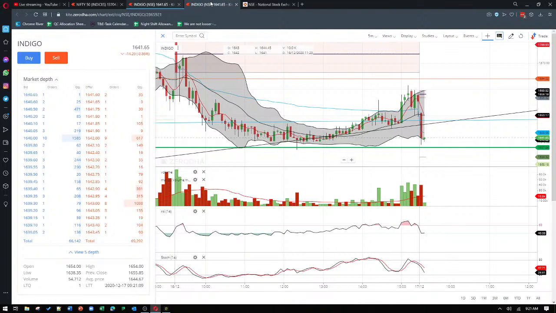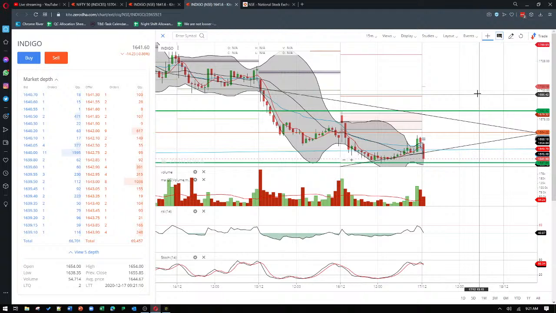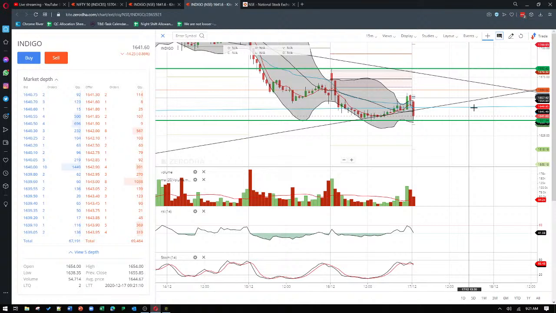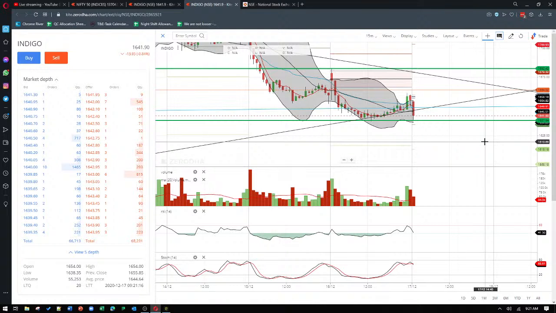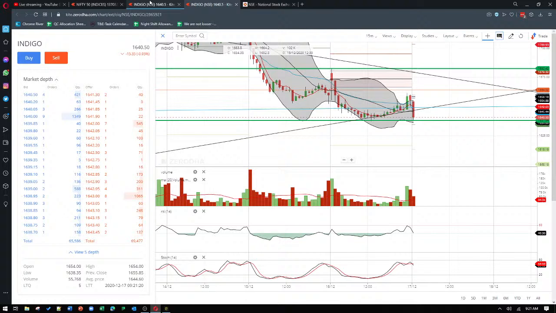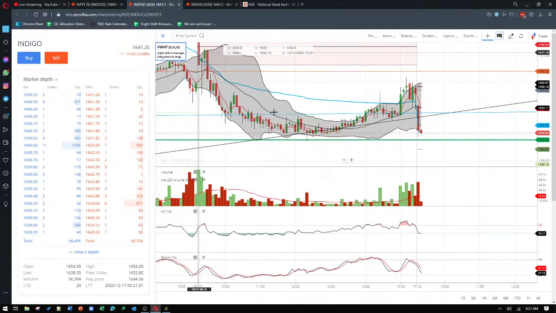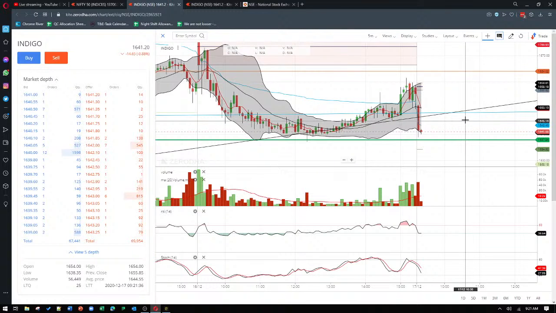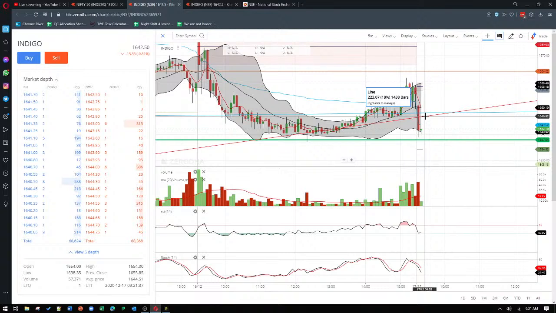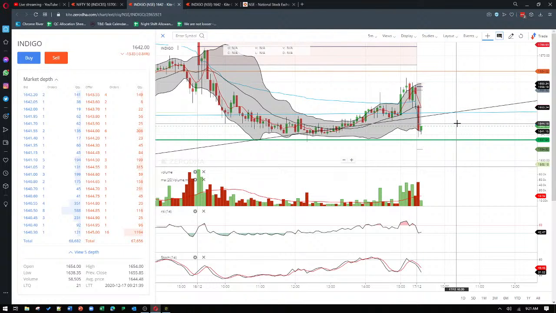And let's see what the 15 minute says. I might take a position when it breaks below, or when it retraces at least 50 percent of this candle. Let us see how the price is behaving.